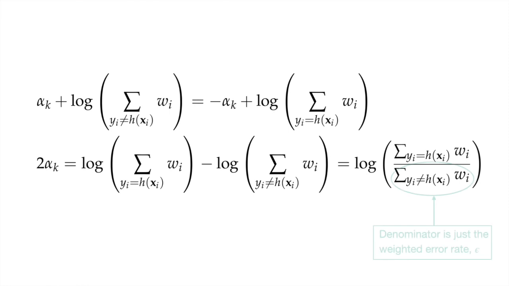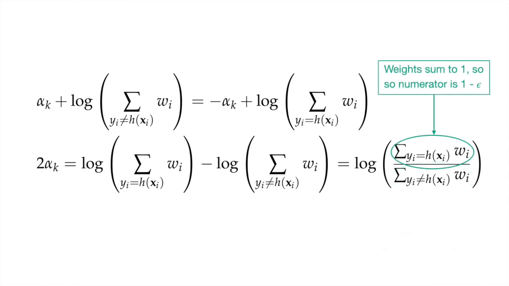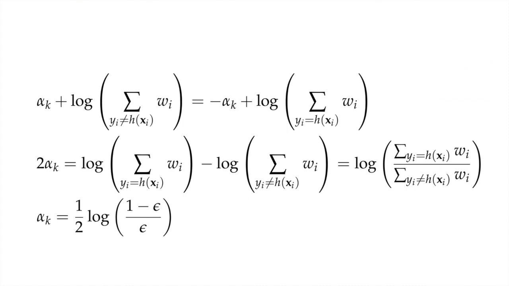That denominator, though, is just the weighted error rate, epsilon. Moreover, we have normalized the weights to sum to 1 at each step, and so the numerator is just 1 minus that weighted error rate. As a result, we get this value for our new prediction weight alpha. It's a half log of 1 minus epsilon over epsilon.